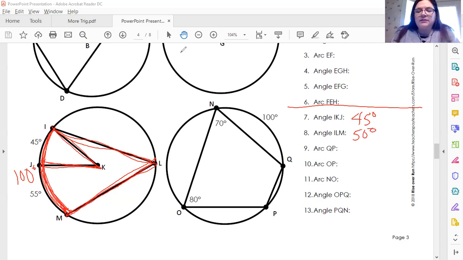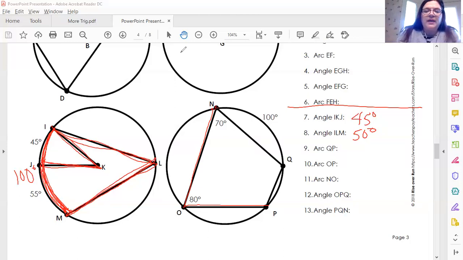Let's take a look at QP. What do we know about what's going on here? Well, we've got some inscribed angles. We know that this inscribed angle in OP is the measure 80 degrees.